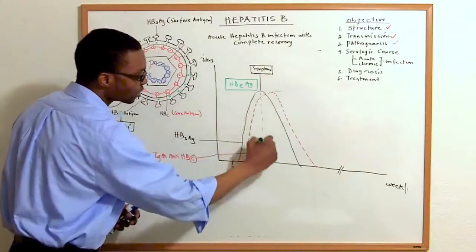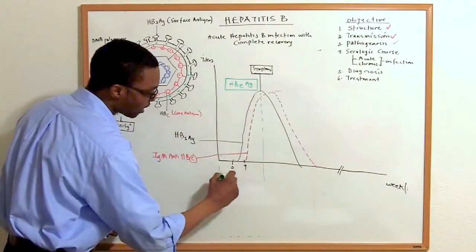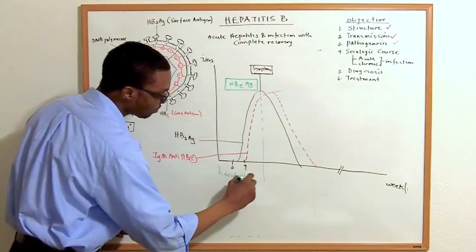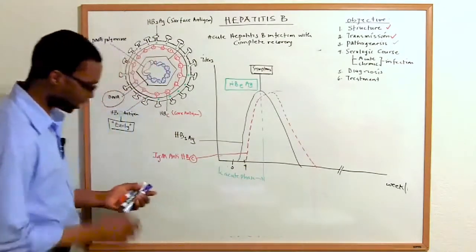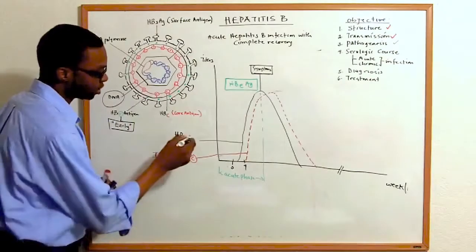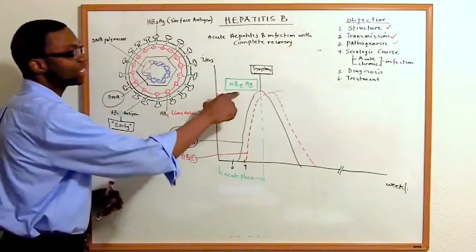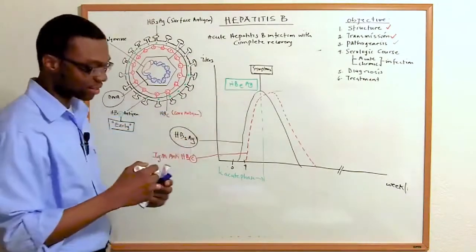So let's make this an acute phase of the infection. So what do we find? We find hepatitis B surface antigen and hepatitis B early antigen.